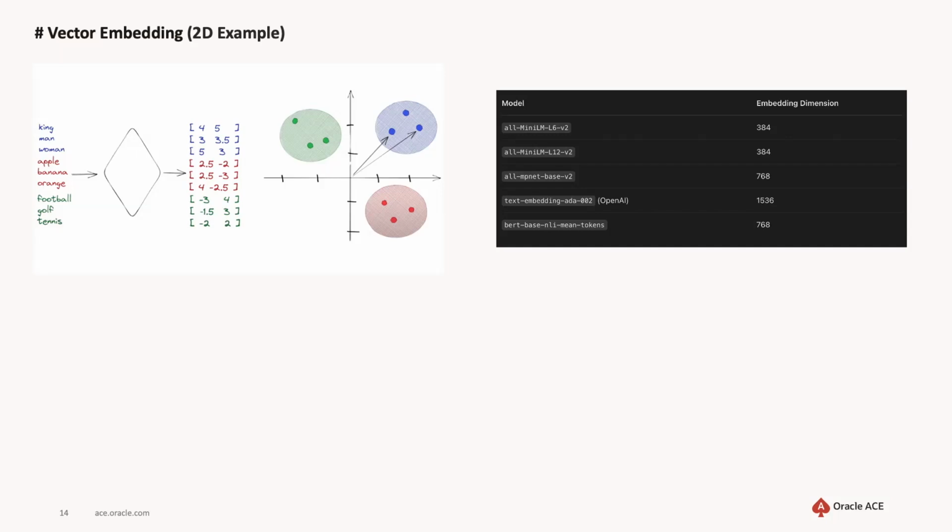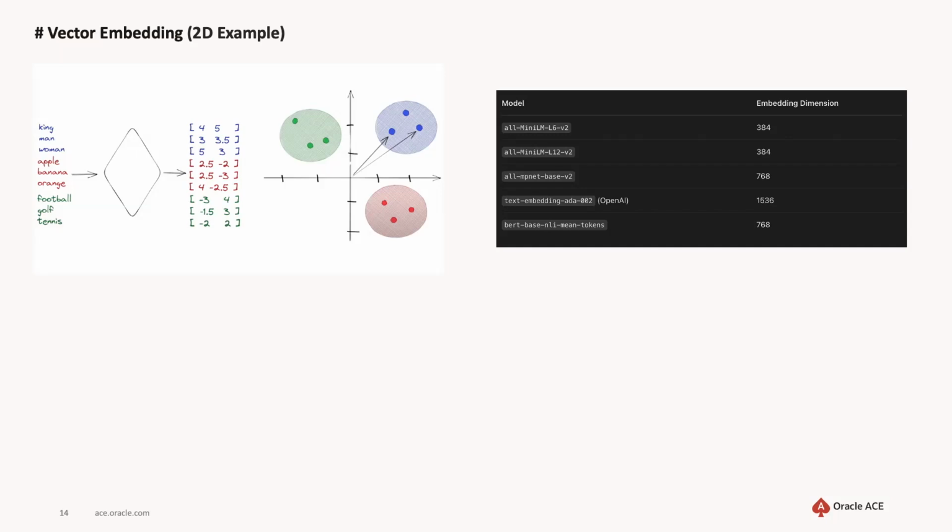And in this image, I can show you another example where different data is represented as vectors, and we can find related information just by the position of the vector, in a 2D example like this one here.